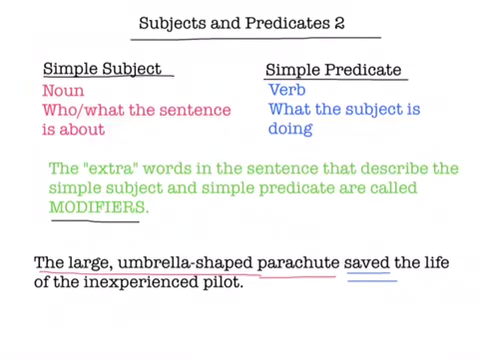Looking at our simple predicate, we have the verb saved. To write the complete predicate, we have to look at what was saved. What words are used to describe the verb saved or to expand upon it? What was saved is the life of the inexperienced pilot.